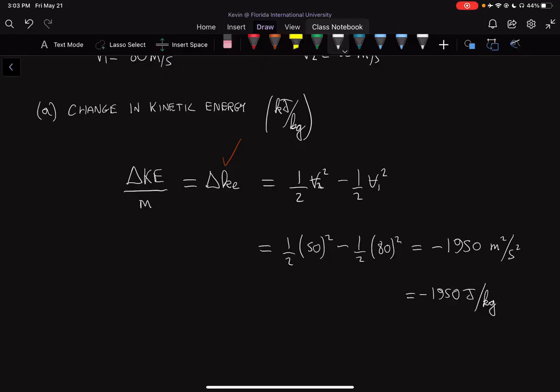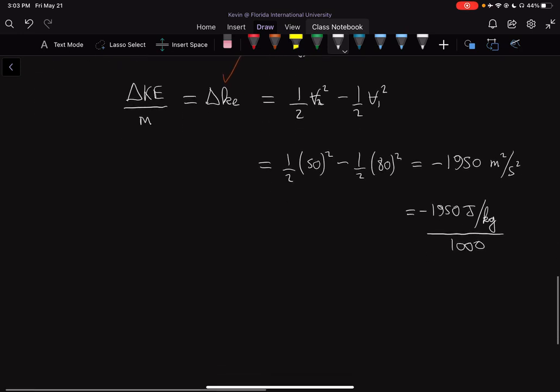So we can divide this term by 1000, just like you would do in your actual equation for the first law, and you would get that this is equal to minus 1.95 kilojoules per kilogram.